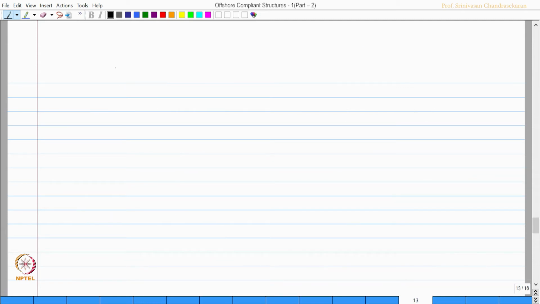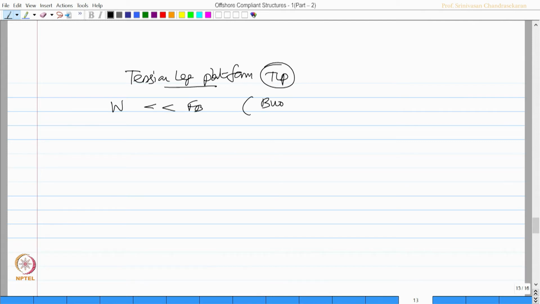The next variety we can have in compliant structures is tension leg platform, TLP. TLP is a design where the weight is much lower than the buoyancy, or buoyancy exceeds the weight by design.